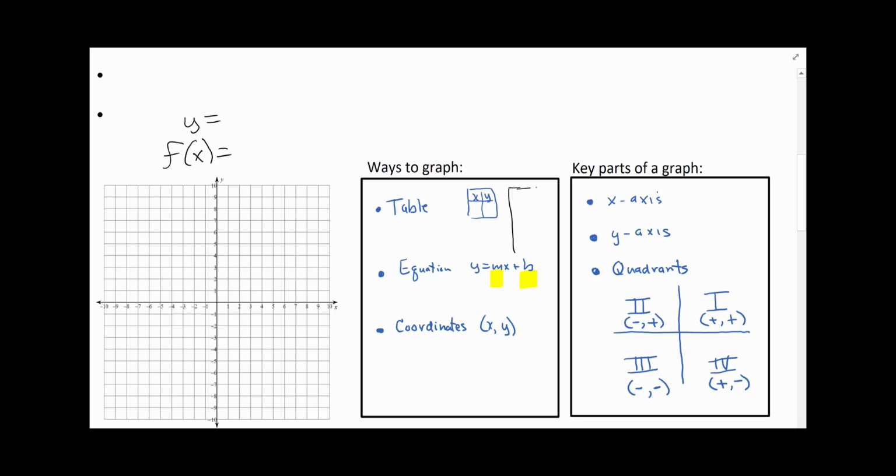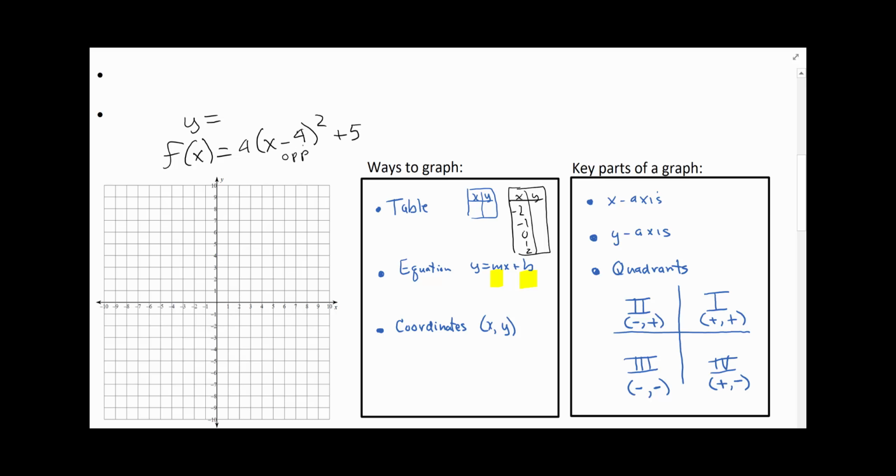So my go-to values typically are, so here's your x, here's your y, -2, -1, 0, 1, 2, to keep it really, really easy. But if the graph has been shifted, so let's say you have something like this. Well, remember, inside parentheses tells you whether it's shifted left or right, and it's always the opposite.